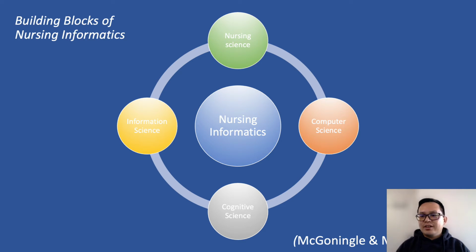I turned her off. Let's continue with cognitive science. As I've said, it is the fourth building block of informatics. And according to our sources, it is an interdisciplinary field that studies the mind, intelligence, and behavior from an information processing perspective. So that is information.